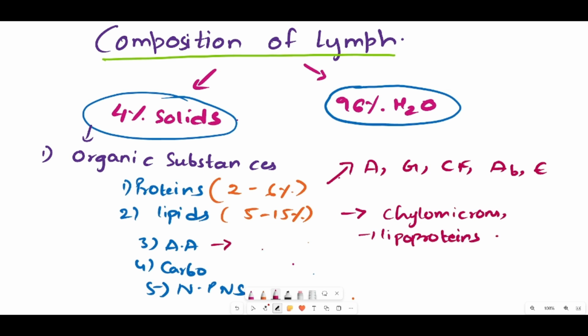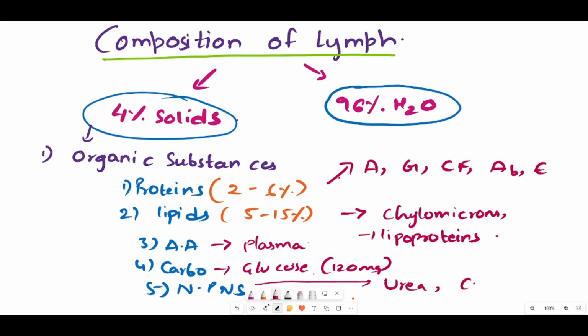In the amino acids, all the amino acids will be present as in the plasma. And carbohydrates is simply glucose, 120 mg. And the non-protein nitrogenous substances include both urea and creatinine.